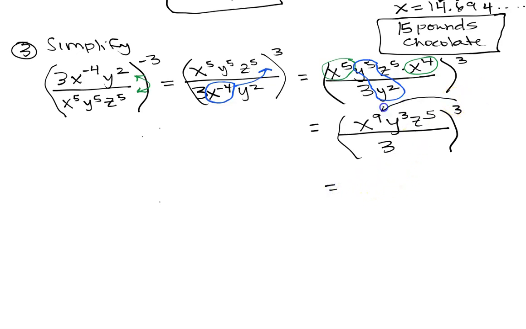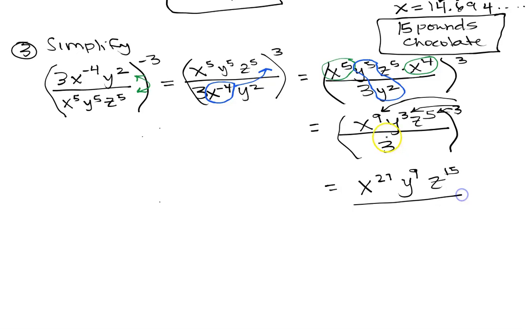So when it's a power raised to a power, I multiply those. So it's going to be x to the 9 times 3, which is 27. Y to the 3 times 3, which is 9, y to the 9th, and then z to the 5 times 3, which is 15.